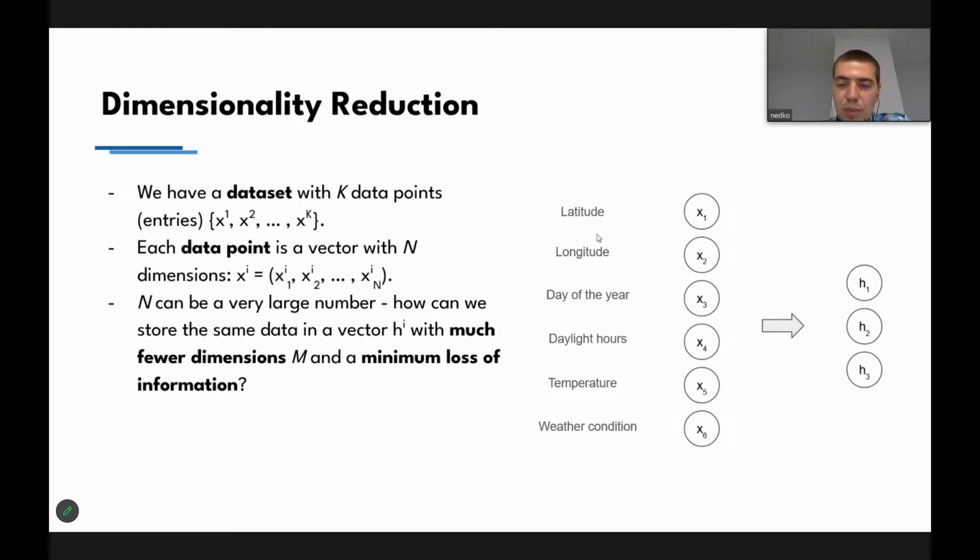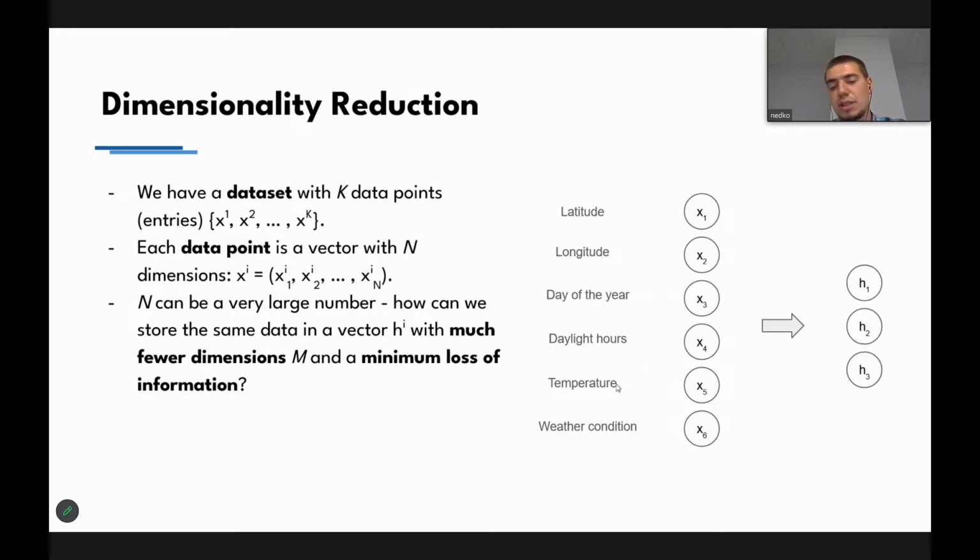And if you think about how you could do that, you have daylight hours, which you can perfectly calculate from the day of the year and where on Earth we are. So you can kind of get rid of that. Once you have many samples, you have the opportunity to learn how to compute this.